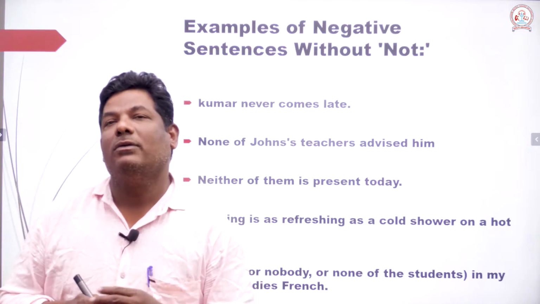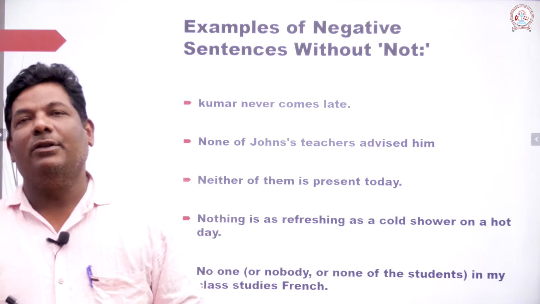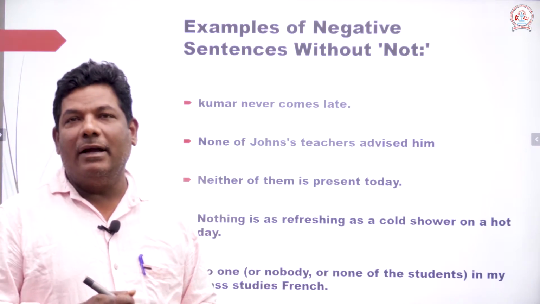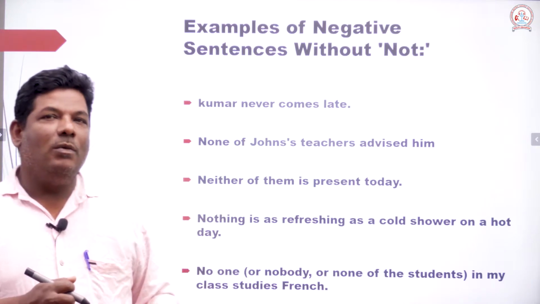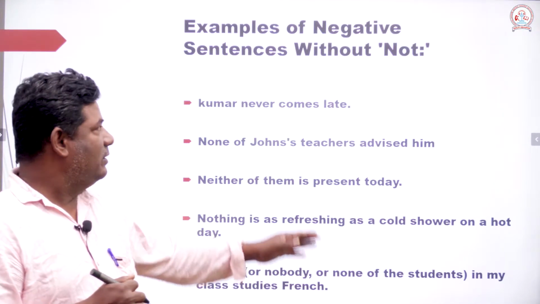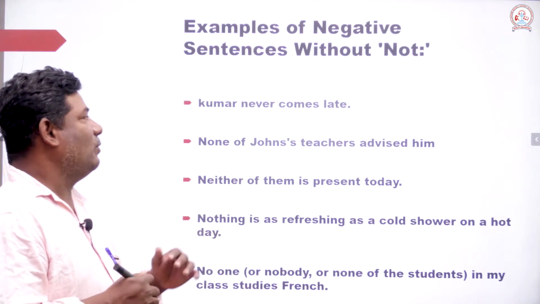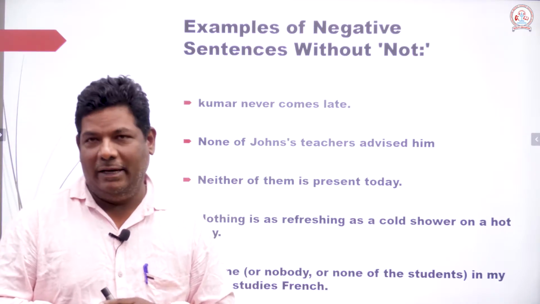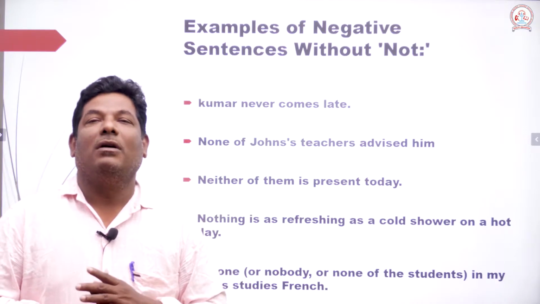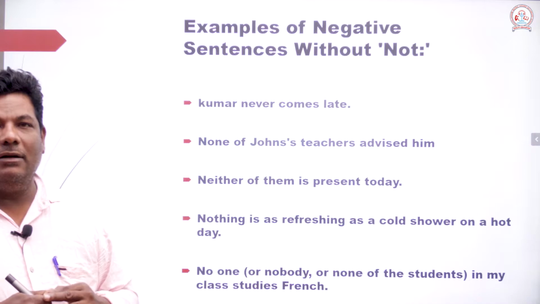You do not have to write not for a negative sentence. Without not, you have plenty of sentences which convey a negative sense. Kumar never comes late. It is a negative sentence. Comes is the verb from which we have to write the question tag. Doesn't he is wrong. Does he should be there. It should take a positive question tag.